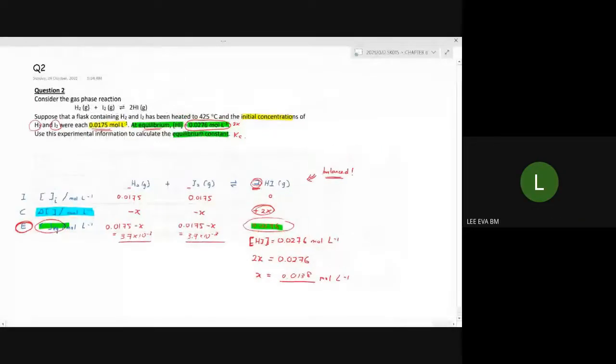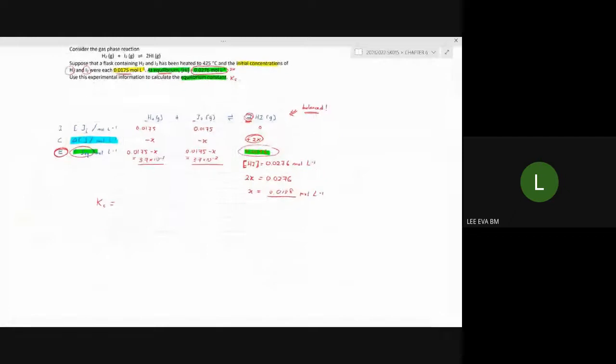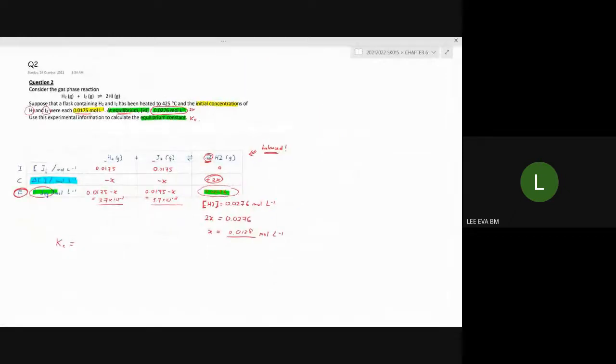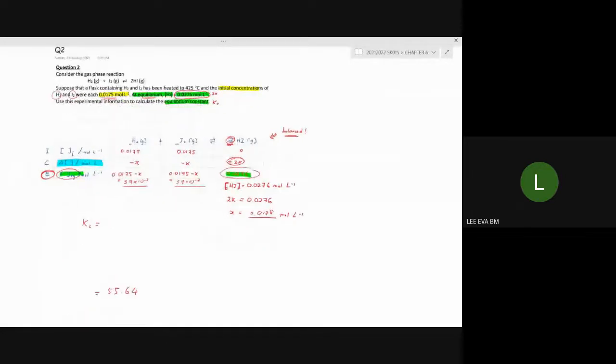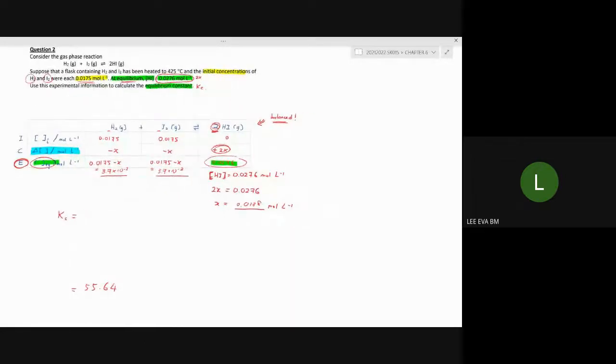Okay, so now to calculate for Kc, you have already got your equilibrium concentration, and then come up with your Kc expression, and then calculate for the value. Okay, Madam bagi jawapan dekat sini, bagi tahu sama ada awak dapat jawapan ke tidak ya. 55.64. Madam bagi masa sikit, kirakan. So yang penting equilibrium concentration lah kalau nak kirakan Kc.